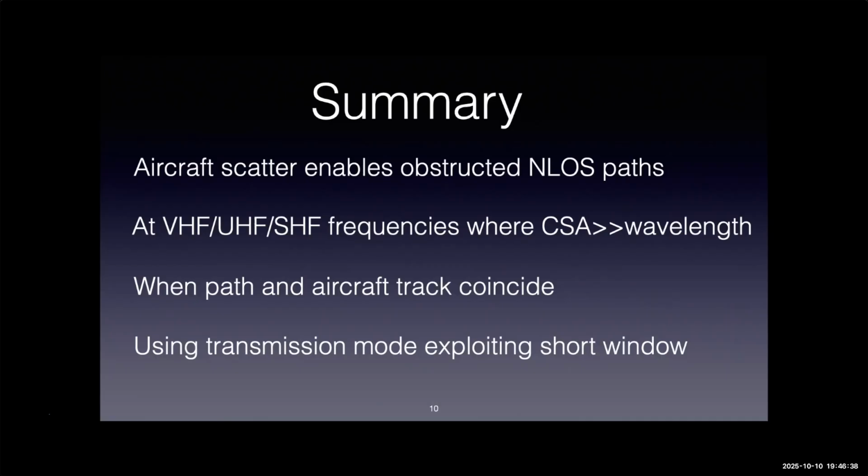To throw out a few cross-sectional areas: 747, 40 square meters. A380, 40-ish square meters. A stealth jet, 0.001 square meters. The fact that it's huge is neither here nor there. Its effective cross-sectional area is quite low.